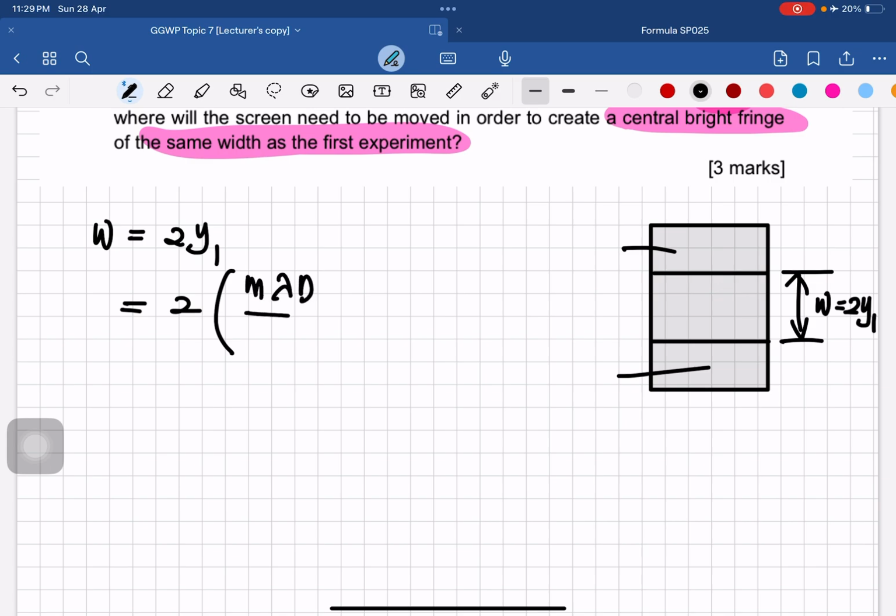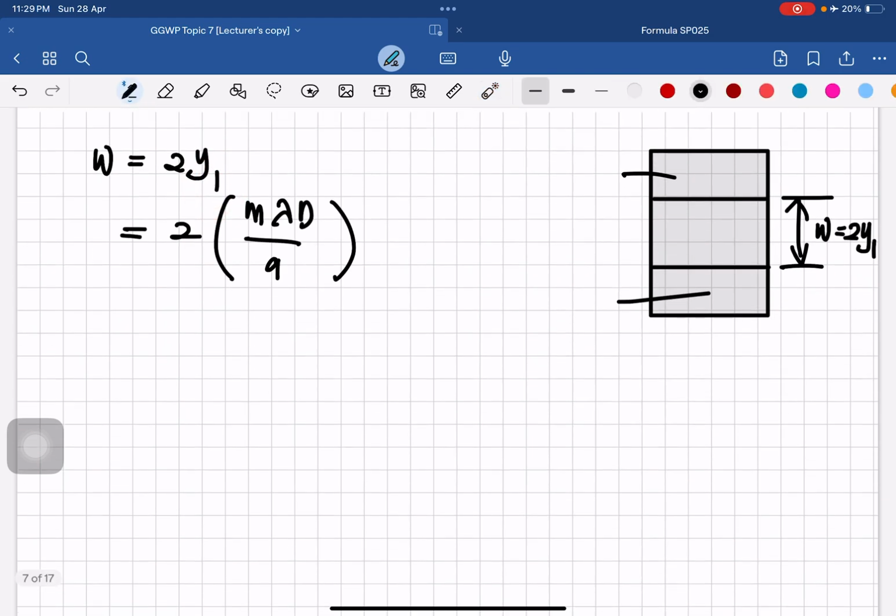M lambda D over A. So it's not going to be lowercase d sudah. It's going to be A because we are talking about single slit. So sekarang ni, since kita tahu dia mention first dark fringe, the order number here should be 1. So 2, 1, and then we have lambda D over A lah. Okay, so this is the formula for width of central bright fringe.